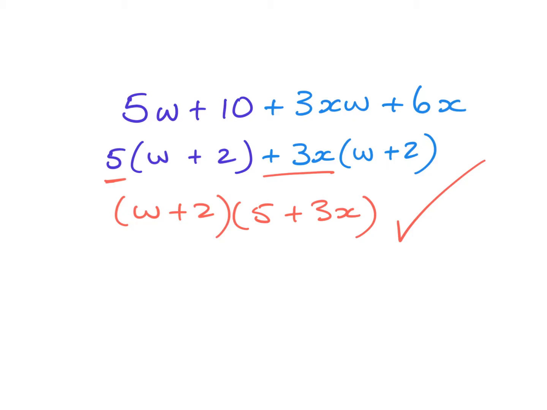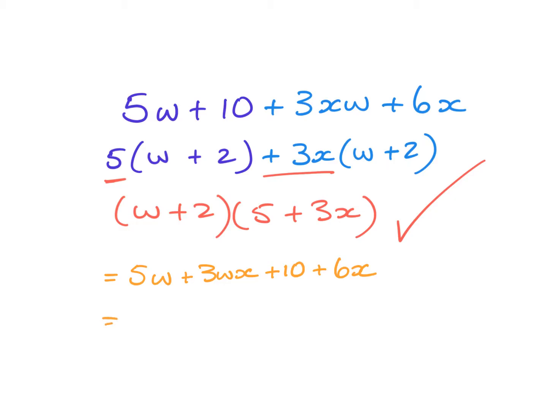But just to be on the safe side, I want to check that this equation over here is the result of these two terms multiplied together. So I'm just going to do a quick check. I'm going to go w multiplied by 5 is 5w, w multiplied by 3x is going to give me plus 3wx. 2 multiplied by 5 is going to give me plus 10, and 2 multiplied by 3x is going to give me plus 6x.